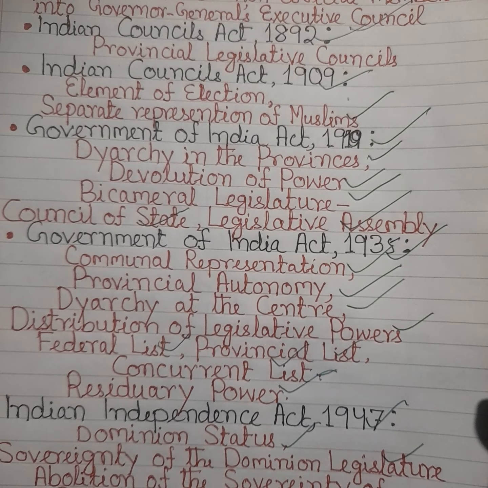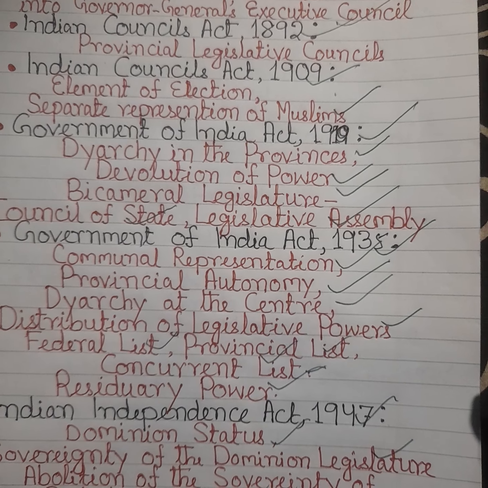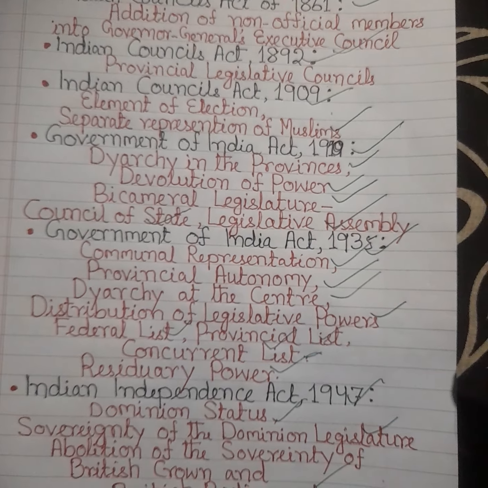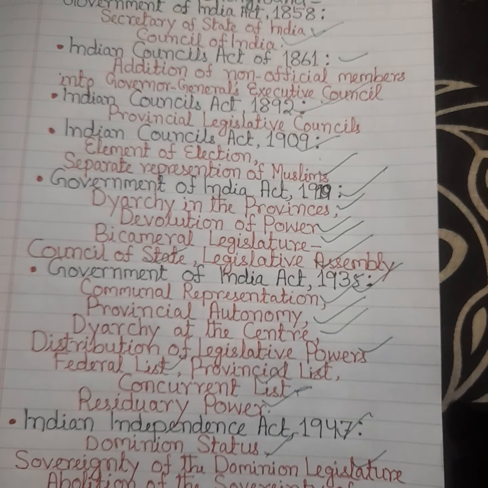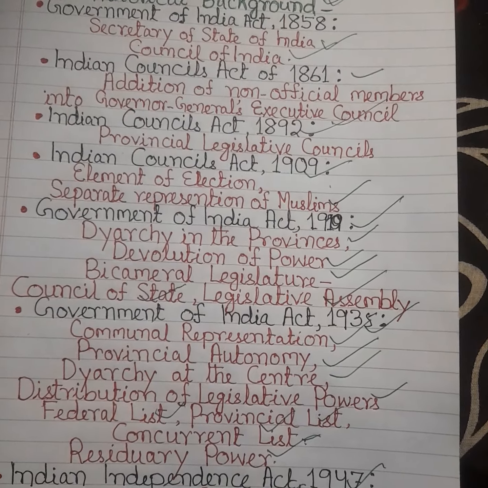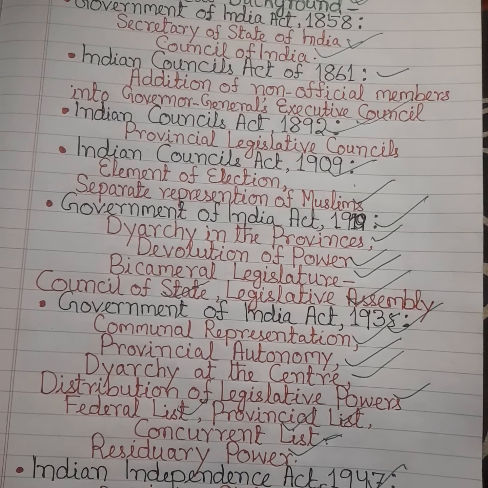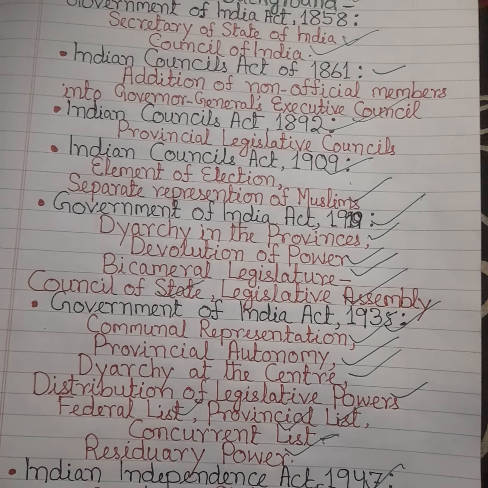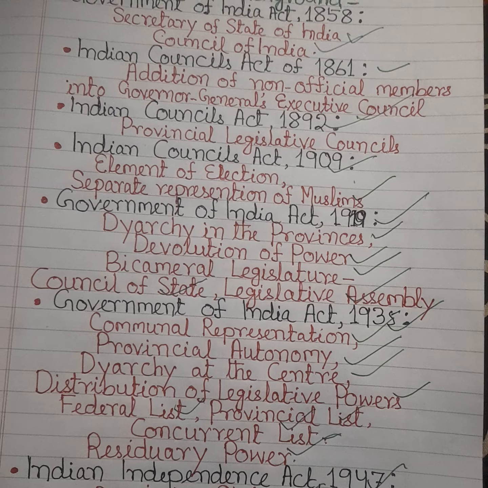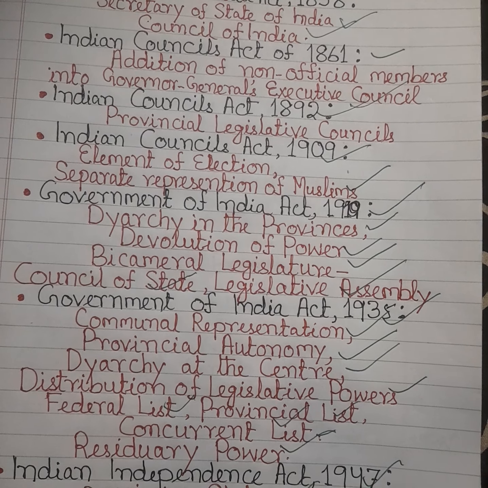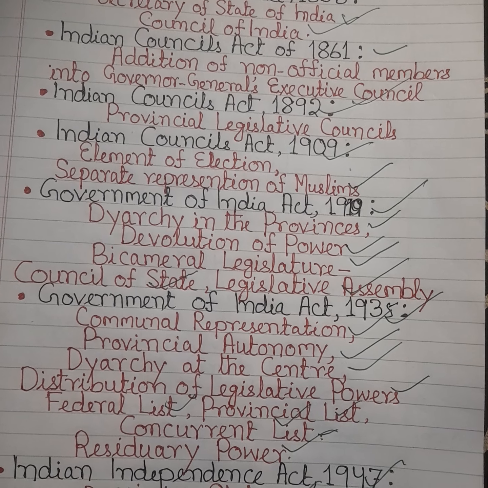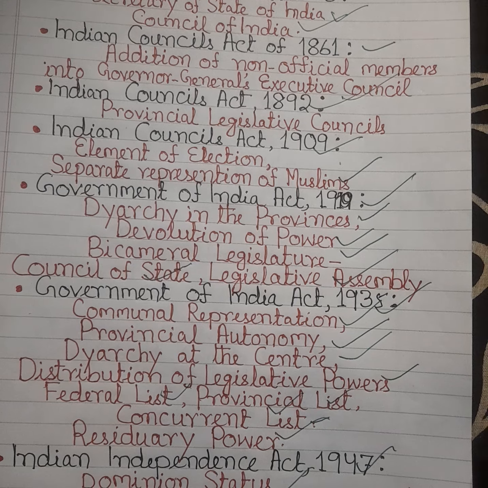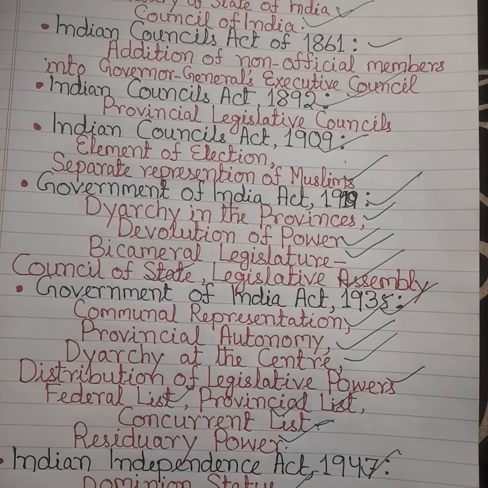So, in our upcoming video, we'll discuss the aspects of the Constituent Assembly and how the Constituent Assembly was formed and how it worked in regard to enacting a new constitution for India.